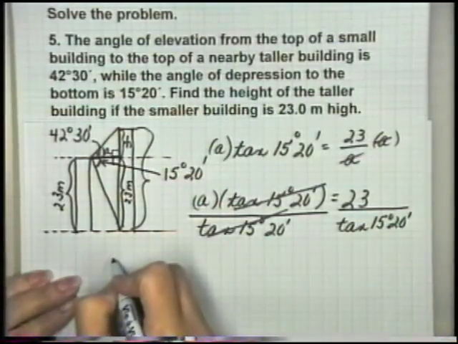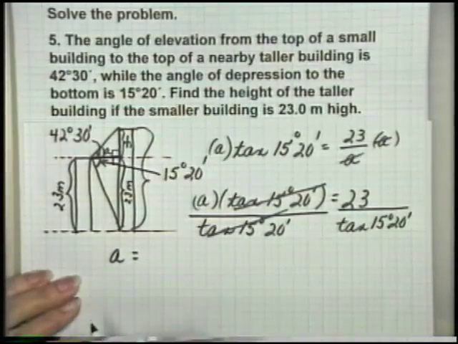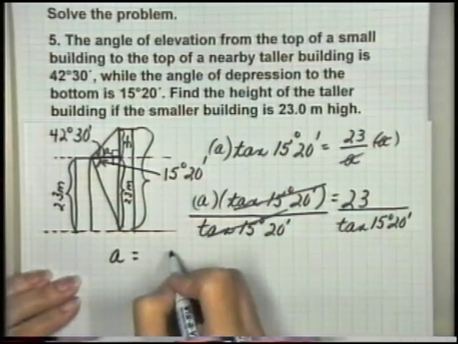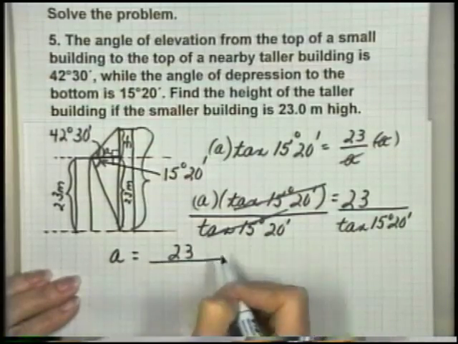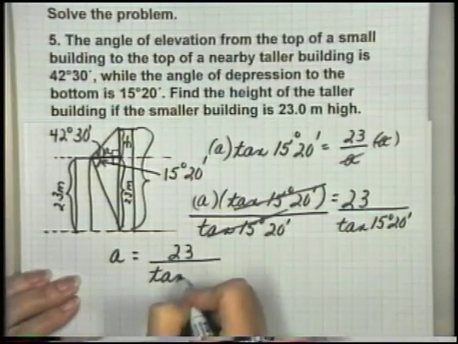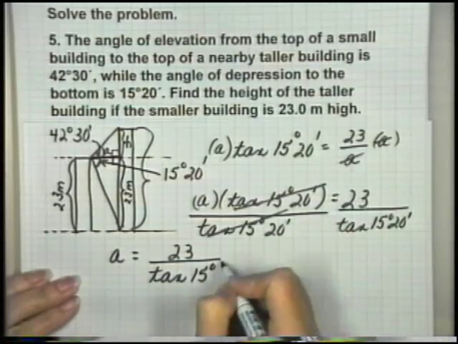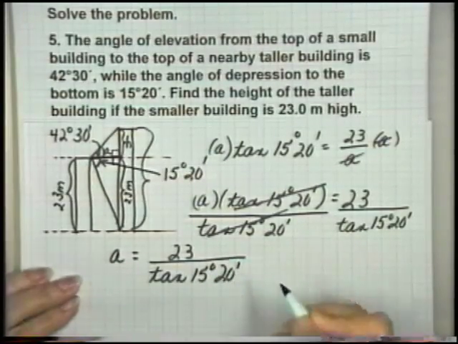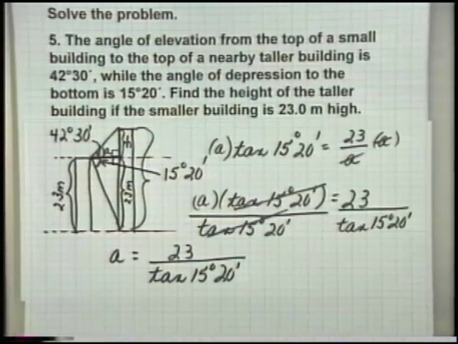So that divides to 1, and to find side A, we will take our 23 and we'll divide it by the tangent of 15 degrees 20 minutes. Now, we have actually worked several problems like that in this lesson, so if you don't remember how to calculate it, you might want to rewind to one of the other problems that we worked.